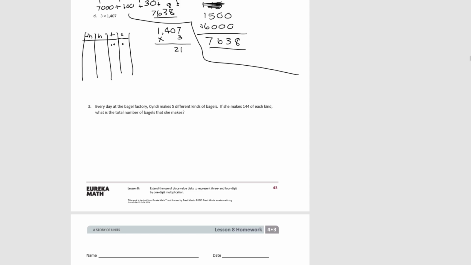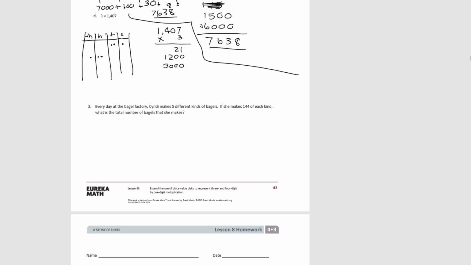There's 0 tens. So we're going to move to the hundreds. We have 4 hundreds 3 times, which is 12 hundreds. We'll record that here as 1,000 and 2 hundreds. And then finally we have 1,000 3 times, which would be 3,000.